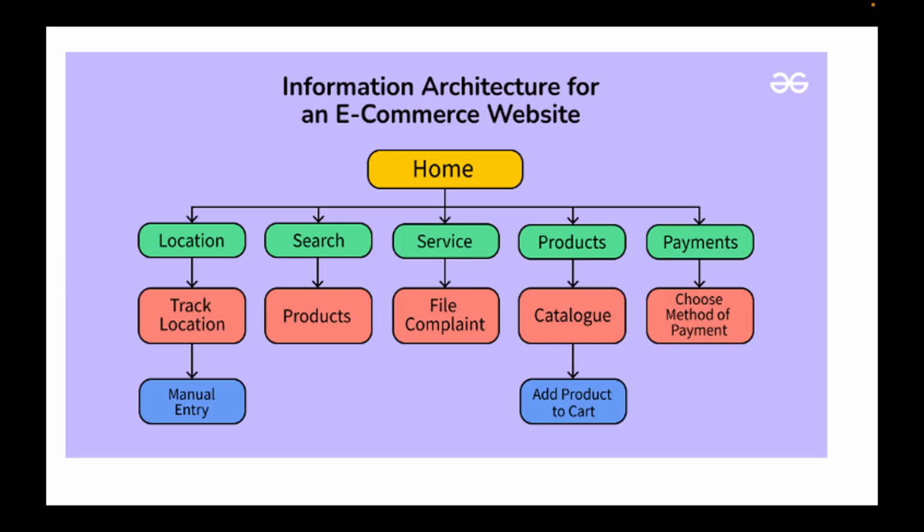Then in the next level, track location, products, file complaint, catalog, choose method of payment, and in the final stage, manual entry and add product to cart is given in the last stage of the e-commerce website.